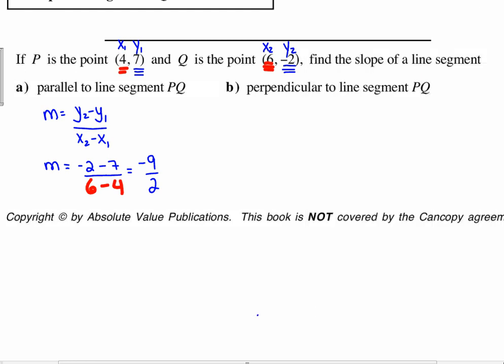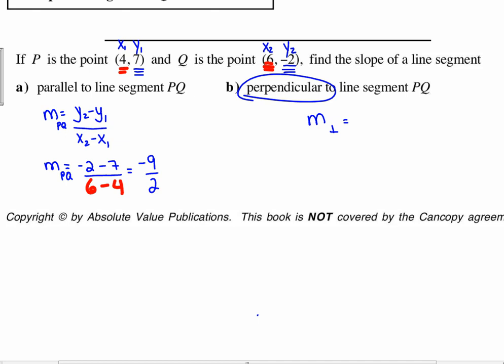Okay. So it says, find the slope perpendicular. So we're going to write this with the symbol of perpendicular. Perpendicular to PQ. What would be the slope perpendicular to PQ? Oh, I didn't even answer the first part. That was slope PQ.